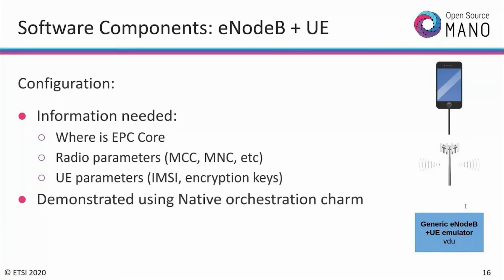These would be things that would be burned into your SIM card that you would receive from your provider. So we're not actually going to be passing in these encryption keys. We're going to act as if they were hard-coded, just like they would be on the SIM card. And the bringing up of the radio and attaching it to the network, as well as starting the cell phone and attaching it to the radio, will be demonstrated using native orchestration charms.